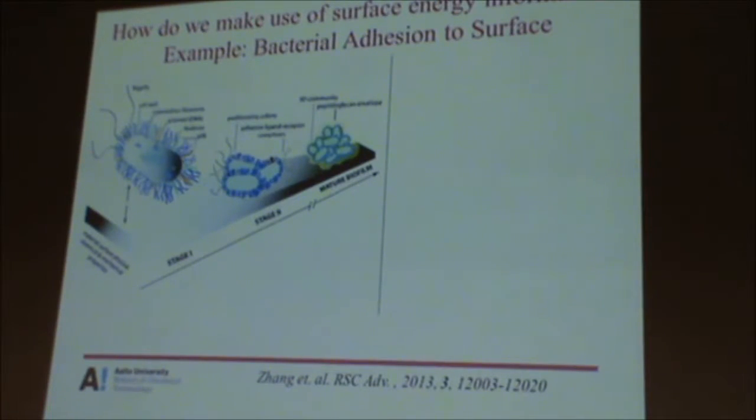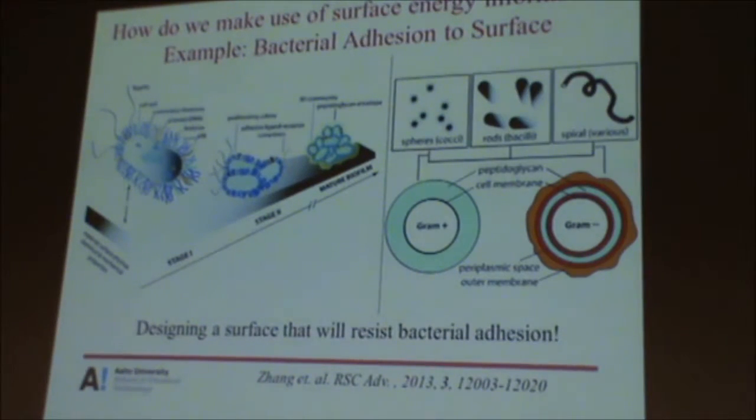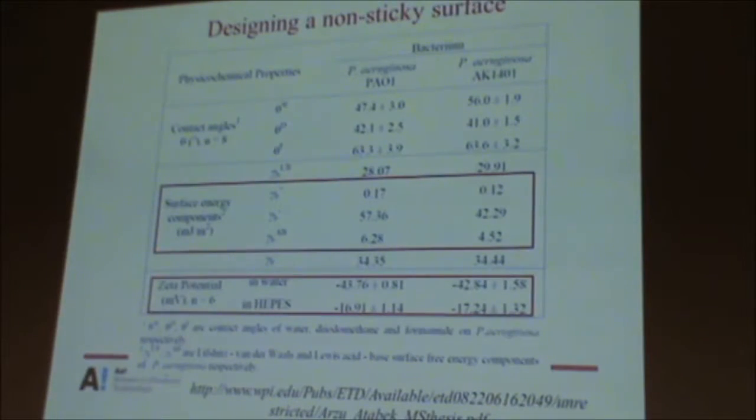So the way you go about doing this is, first you need to understand the bacterial surface in terms of surface energy components. So what we do is make a surface out of a bacteria mat, and then you measure contact angle, and for the individual bacterial cells, you measure the surface charge. For further information you can refer to this.